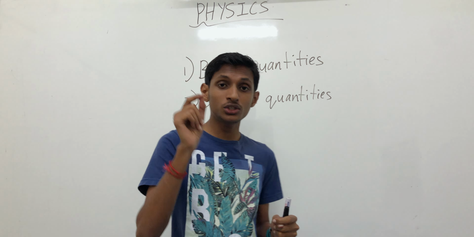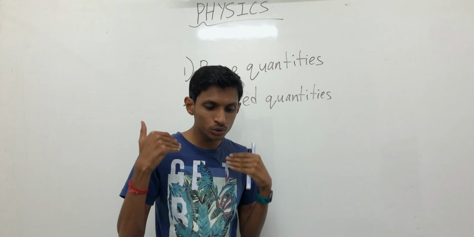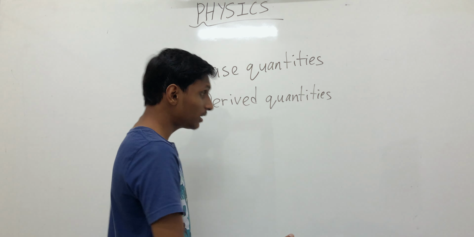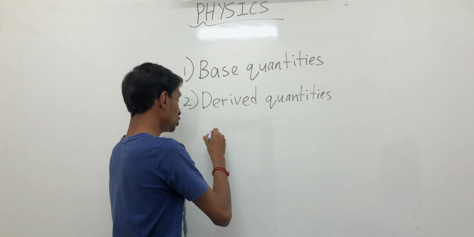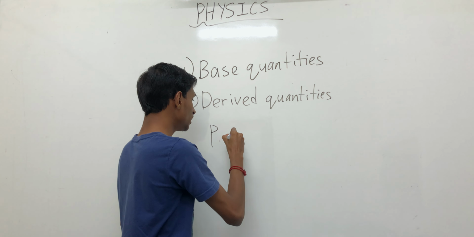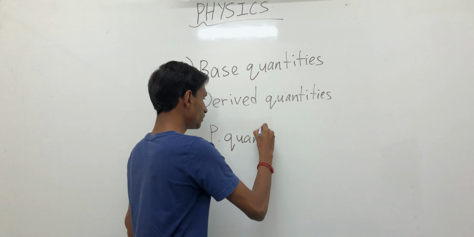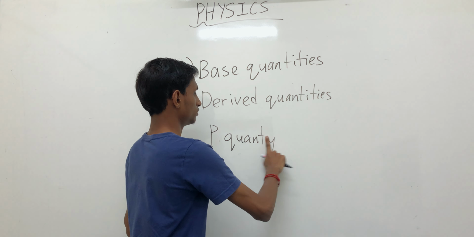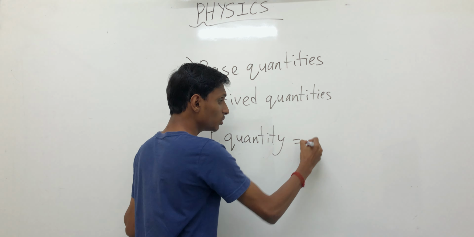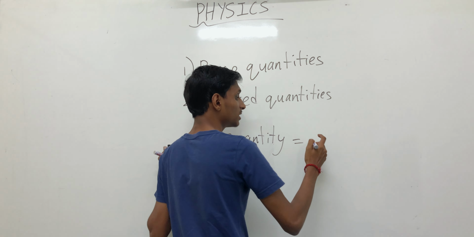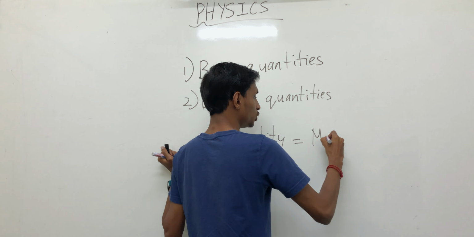Before going into that, we need to know how to state it. To state a physical quantity, you must write the physical quantity, then an equal sign, and then first the magnitude.